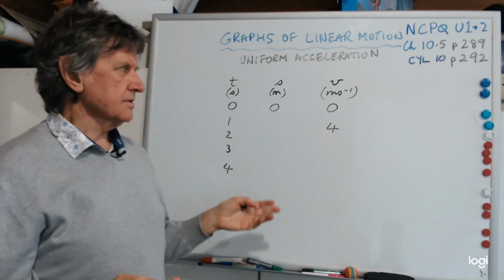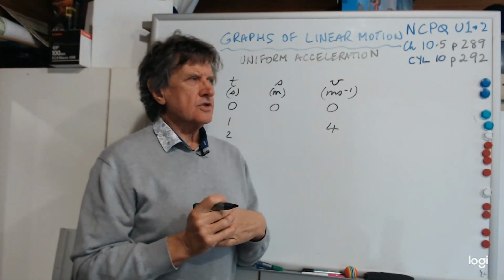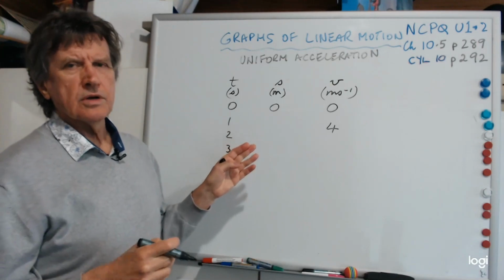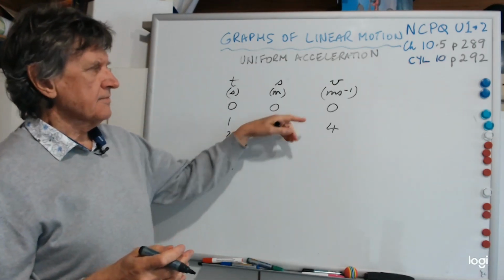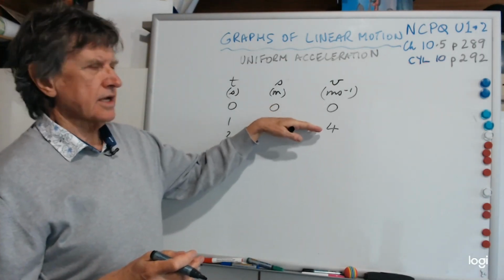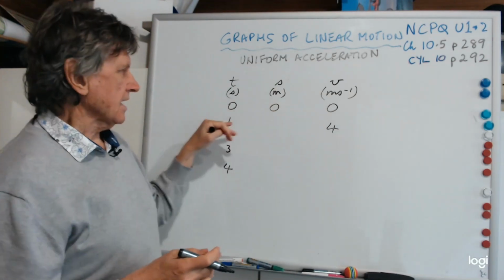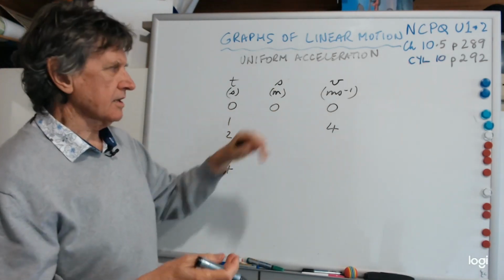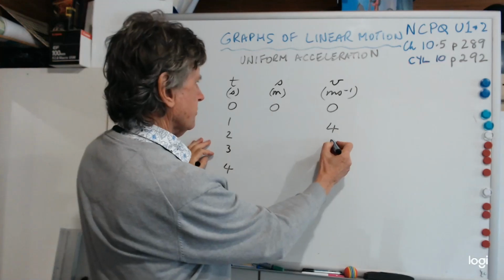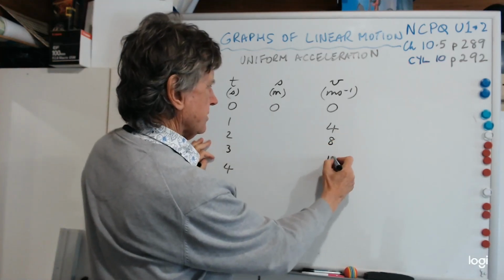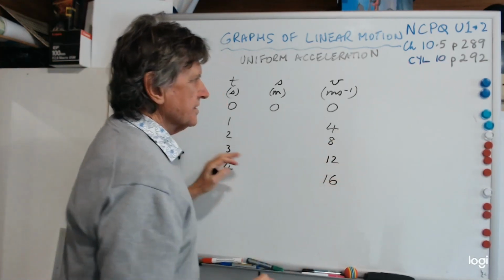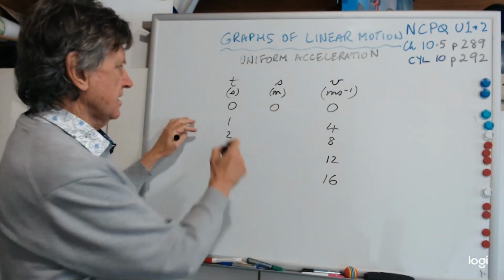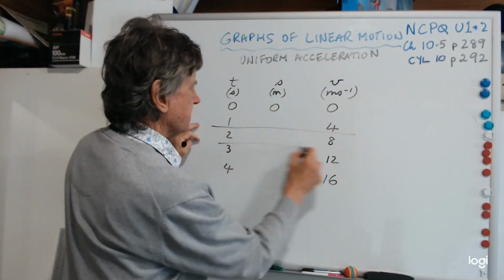The school owns them. It's called Logger Pro. I will show you it later. But you can actually work out the speed at a particular time. You video it and you can work it out. So let's say it goes 4, 8, 12, 16. So that's the speed every second.